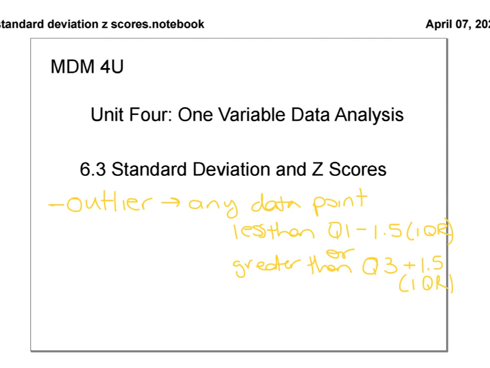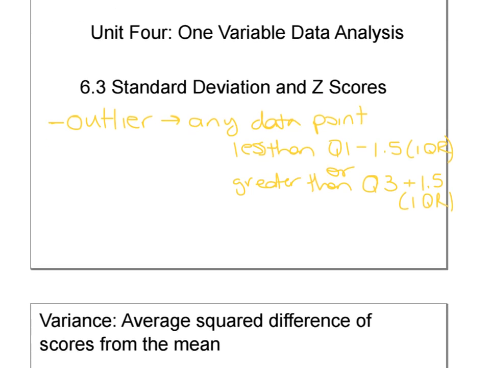And then today we're going to talk about standard deviation. So once we learn standard deviation and you can find it, then you can also find outliers using standard deviation.